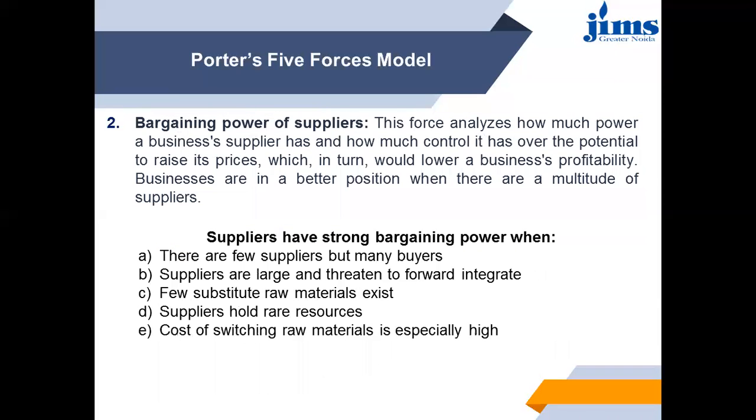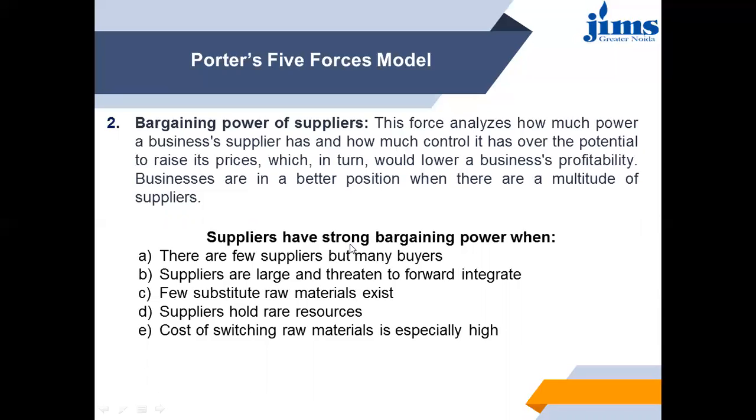The second one is bargaining power of suppliers. This force analyzes how much power a business's supplier has and how much control it has over the potential to raise its prices, which in turn would lower a business's profitability. Businesses are in a better position when there are a multitude of suppliers.